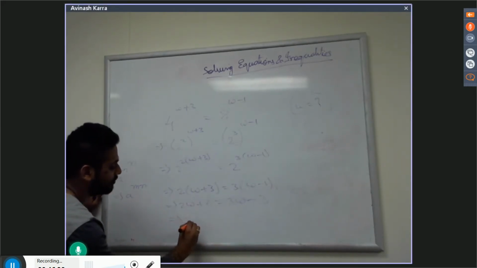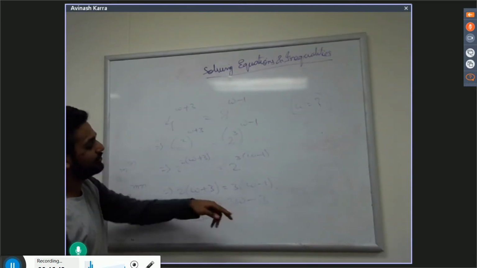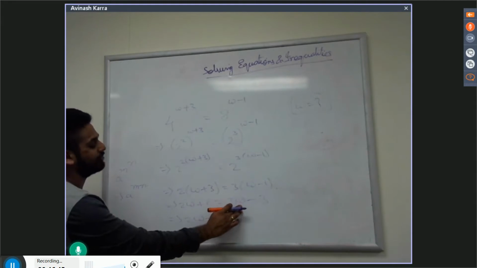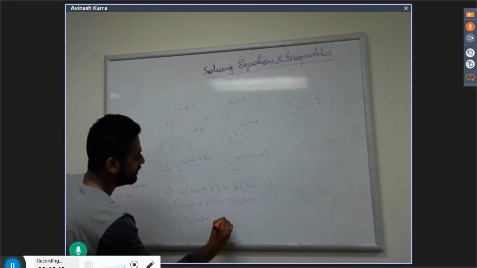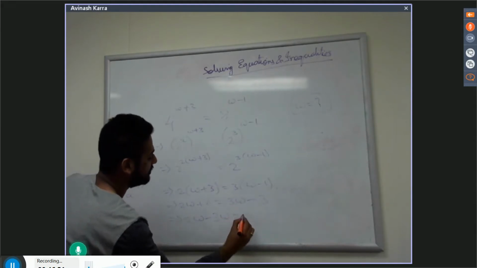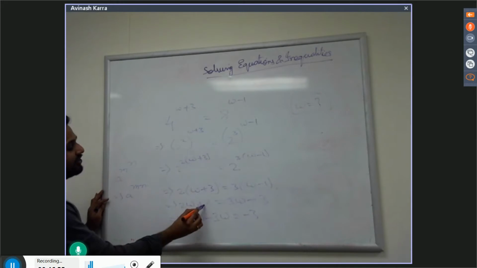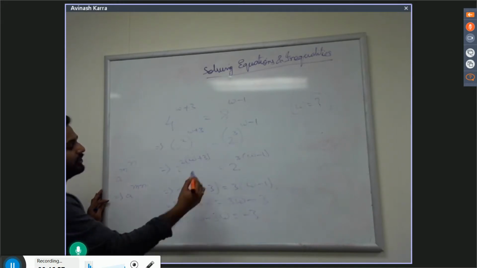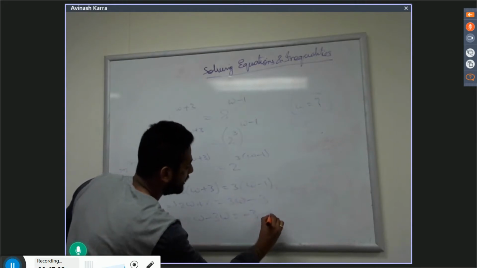So 2w, what is 3w doing here? What is the sign? It's positive. When it comes to the other side, it becomes negative. 2w minus 3w is equal to minus 3. And what about 6 here? It's positive. When it goes to the other side, it becomes negative, minus 6.